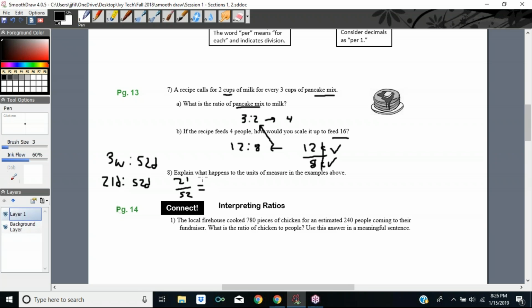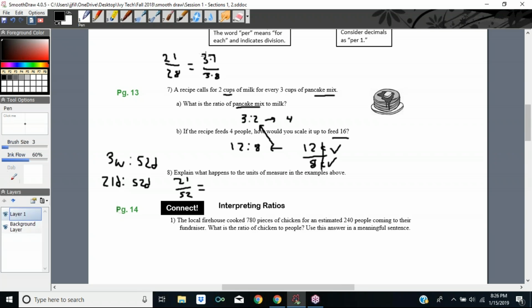Well, the reason the measurement cancels out is because it's really just like a fraction. Like if I had 21 over 28, 21 over 28 is really like 3 times 7 and 3 times 8.